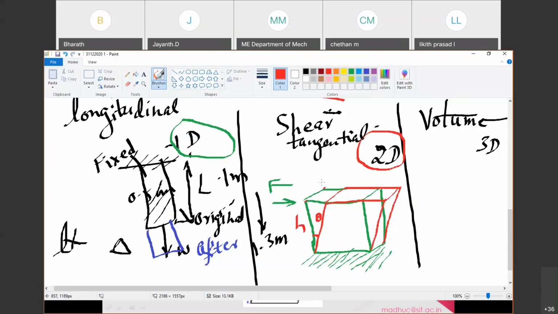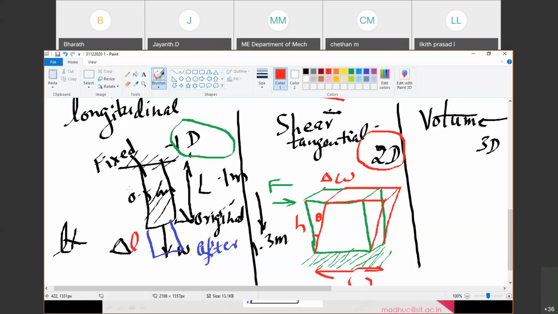Then this displacement we can take as delta L, or W, whatever you want. If I call this width W, the change in width will be delta W, a small change. Similarly, here I wrote delta L, the small change in the length.